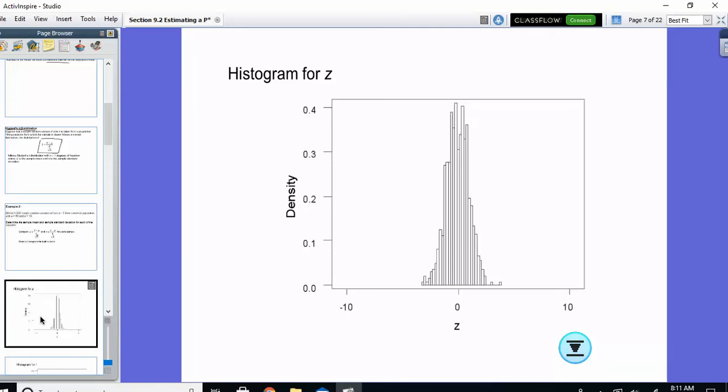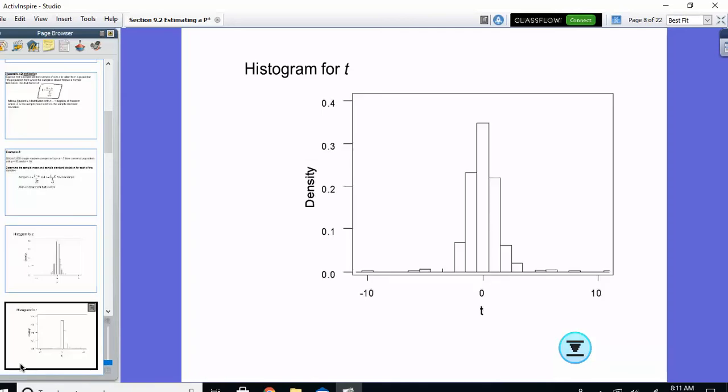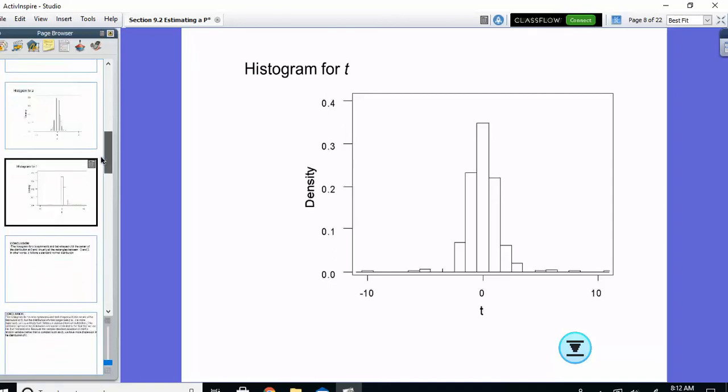Now when we look at the histogram for t, what we see is it looks normal in the middle, but what happens on the sides? The tails go a lot further. So it's not a perfect normal distribution because those tails are so stretched out.